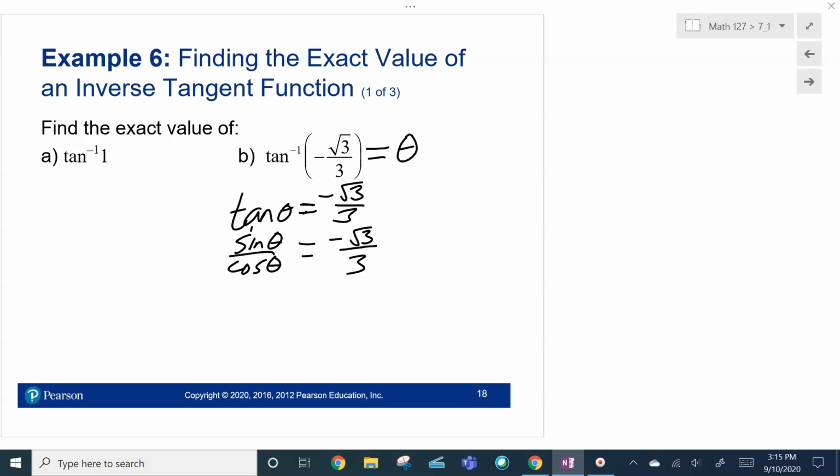So you think to yourself, well, okay, and remember, theta's got to be between negative pi halves and pi halves, right?